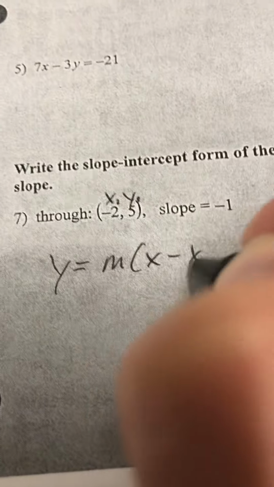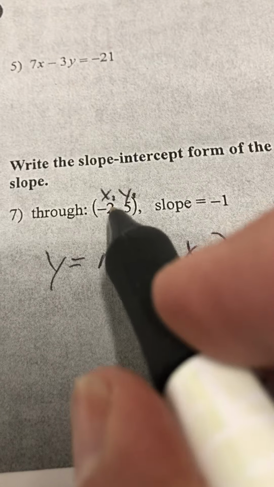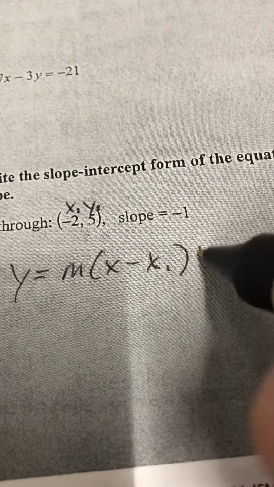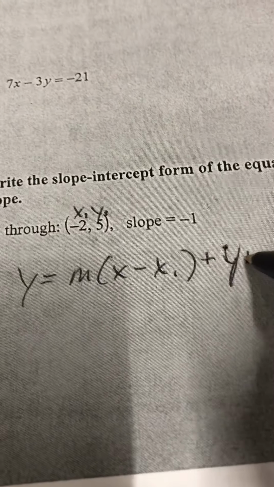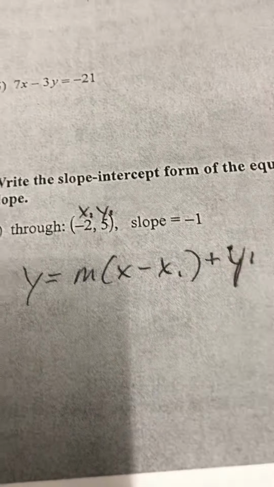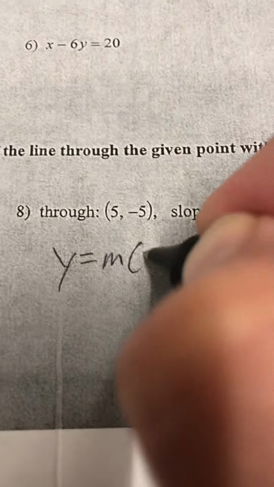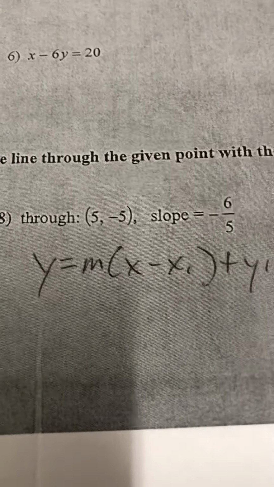X minus your x1. So you're going to have minus a -2, so that's plus 2 you're going to put there. And then you have plus your y1. So your y1 is going to be this 5, so plus 5. Okay? All right. B, you have your y equals m times x minus x1 plus your y1.